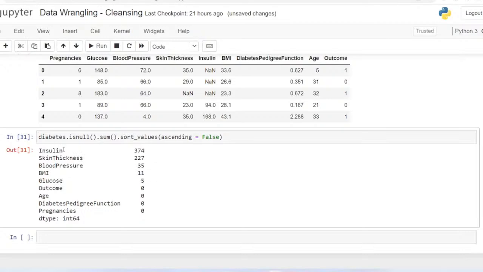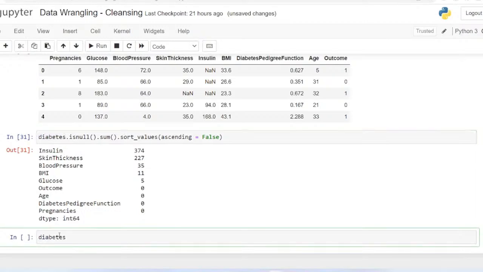Let me check this insulin column's unique values, and then I'll decide whether to apply the mean or the median strategy, because median is for short range and mean is for the continuous range, of course. That's how generally we decide.